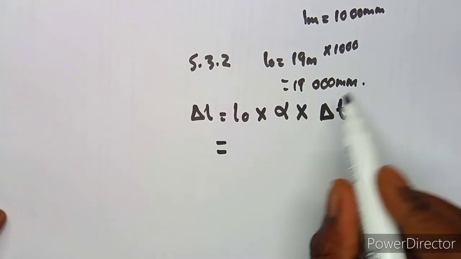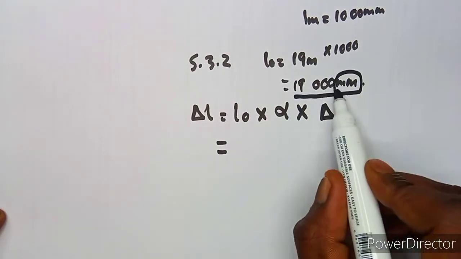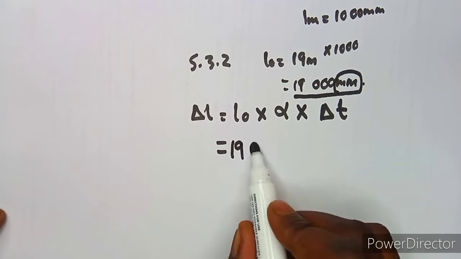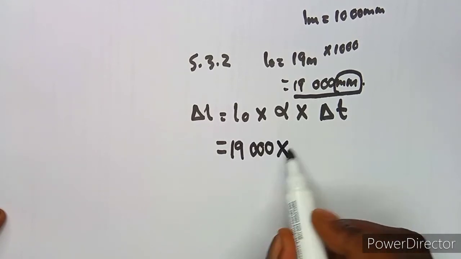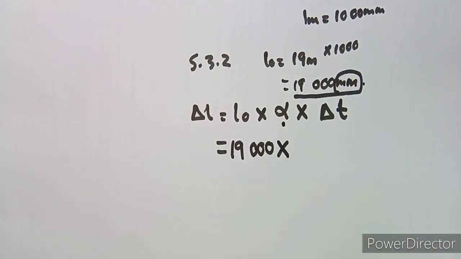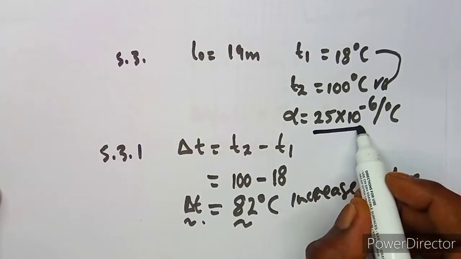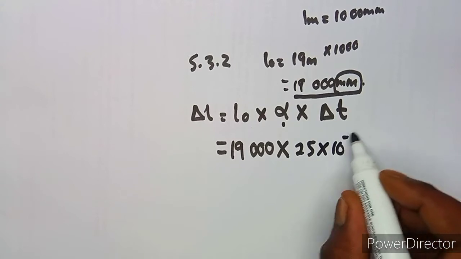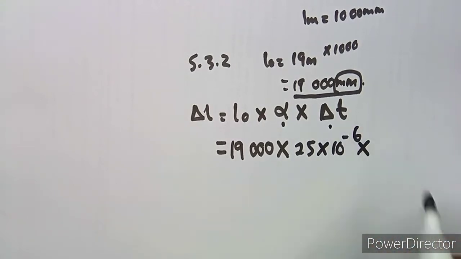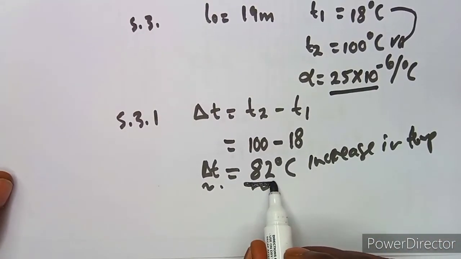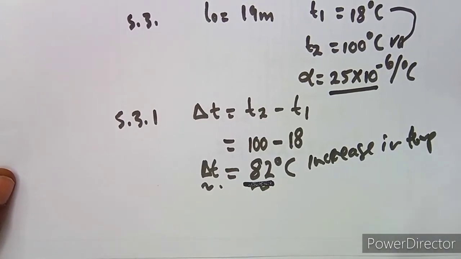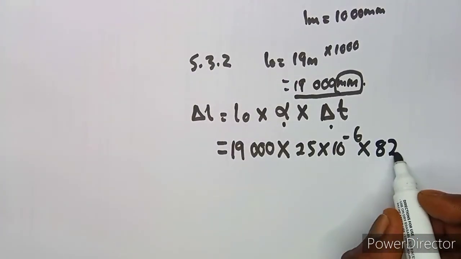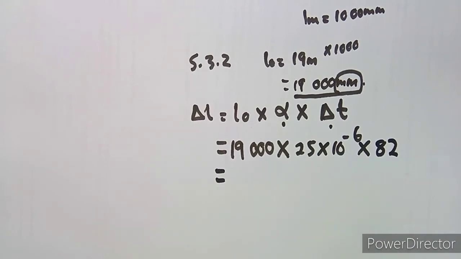So that's the original length, which is now in millimeters, 19,000 millimeters, times our alpha, which is the linear coefficient of expansion of 25 times 10 to the exponent of -6, times the change in temperature, which is the increase in temperature that we determined here, which was 82. So we are going to multiply by 82, like that.